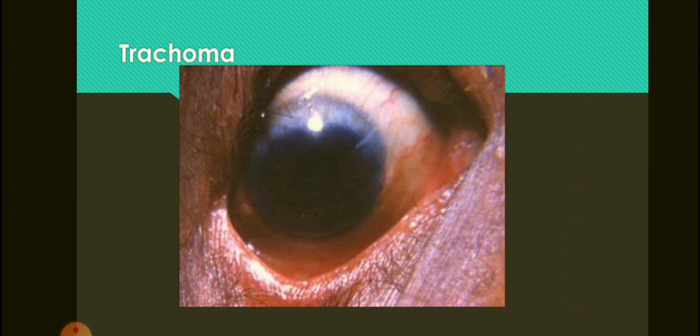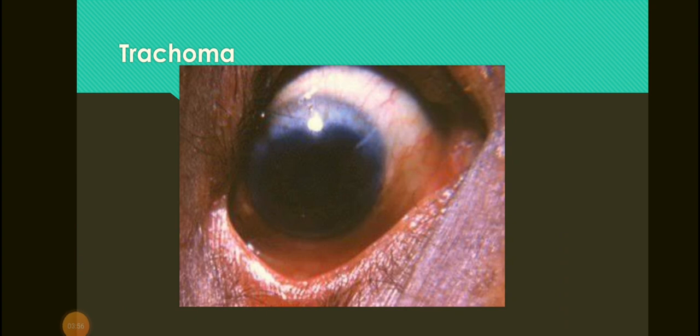In the later stage, there is a tendency of blood vessels to grow towards the cornea. So in the late stage, trachoma can lead to corneal opacity.